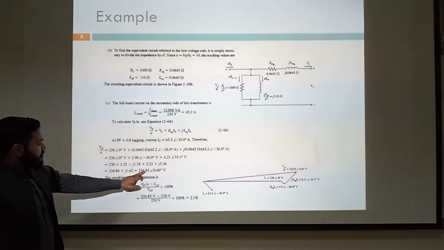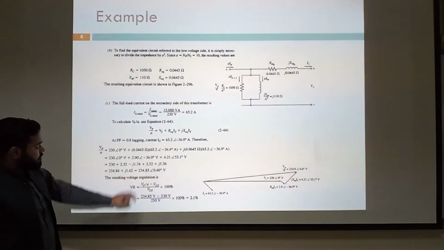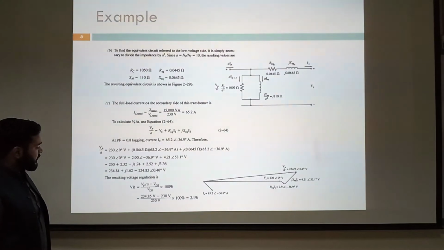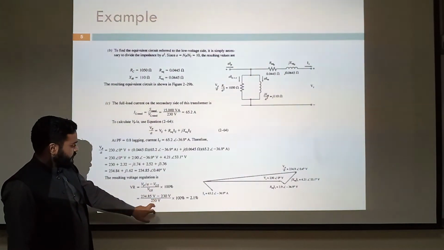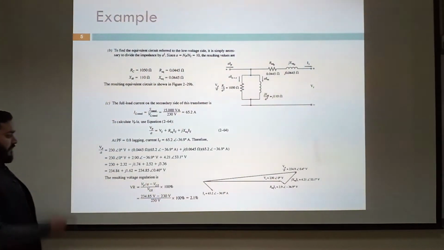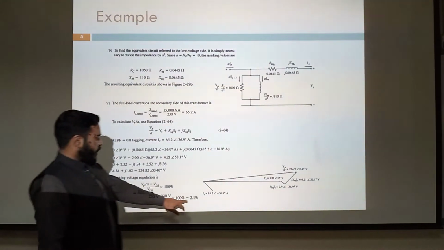Okay, so this is the no load voltage, and the full load voltage is 230 volts. It is given. So just compute the difference, and you will get that the voltage regulation comes out to be 2.1%.